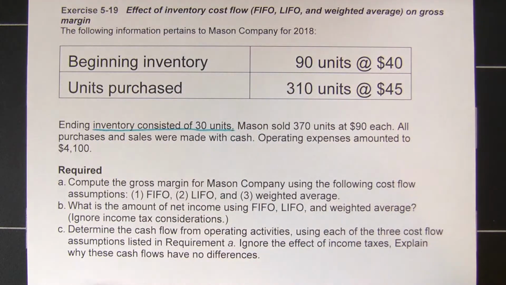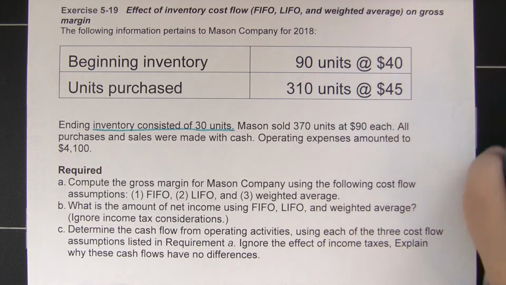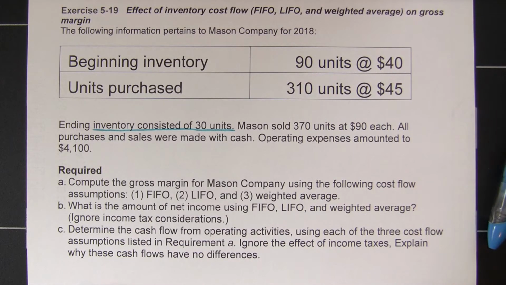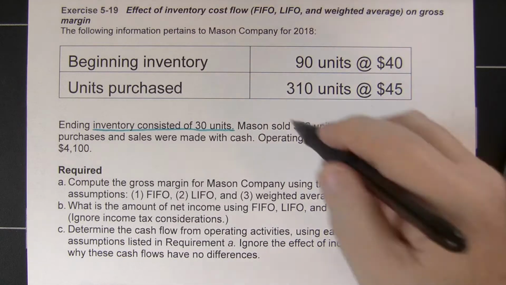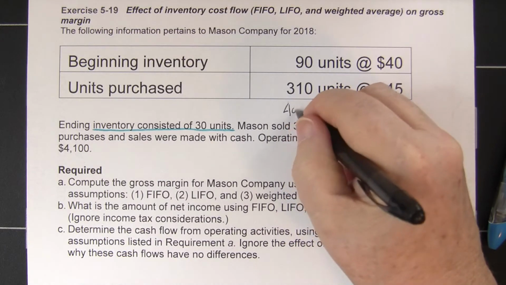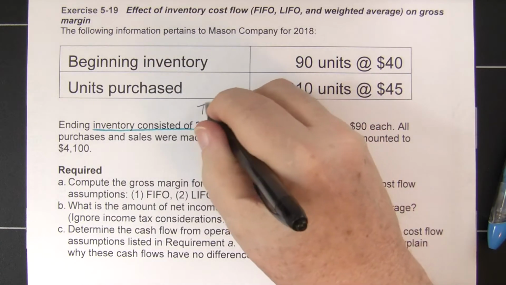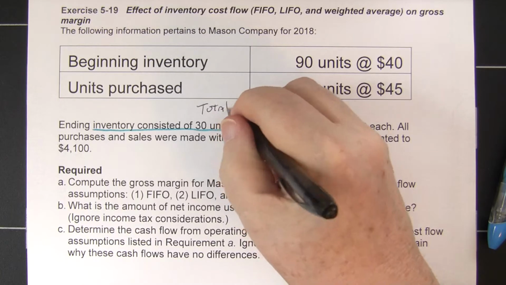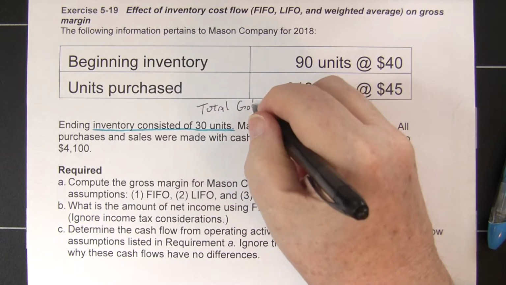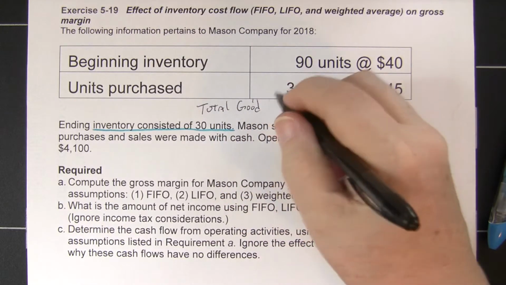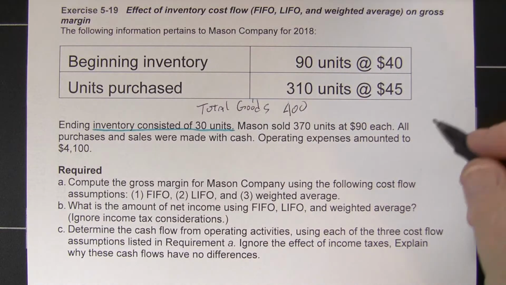The ending inventory consisted of 30 units. Altogether, if you add those together, we had 400 units total. So the total goods available was 400 units.